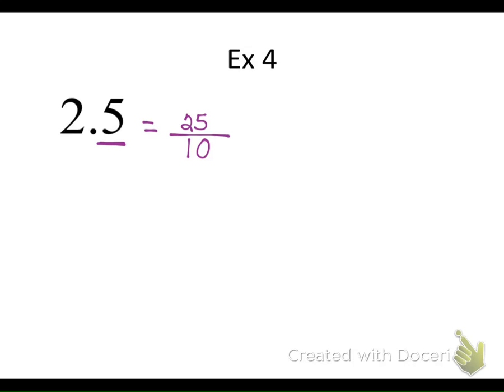The other examples have 0 point something something. This number is 2.5. So what kind of fraction did it give us? Improper. It gave us an improper fraction, right? We're going to leave it as an improper fraction this time. However, we have to reduce it.